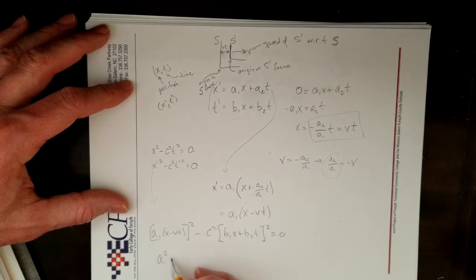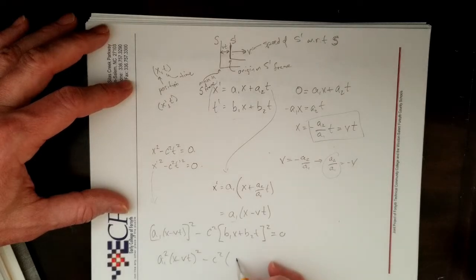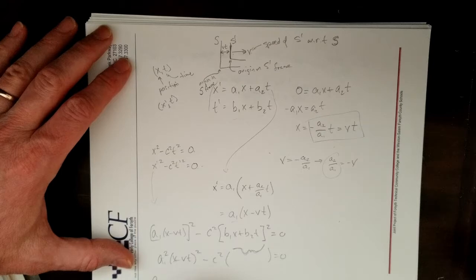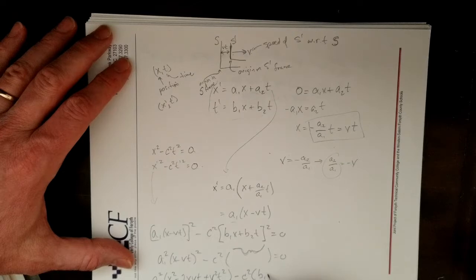So I get a1 squared times x minus vt squared minus c squared times that whole mess there equals 0, and so I have a1 squared times x squared minus 2xvt plus v squared t squared, minus c squared times b1 squared x squared plus 2b1 b2 xt plus b2 squared t squared equals 0.